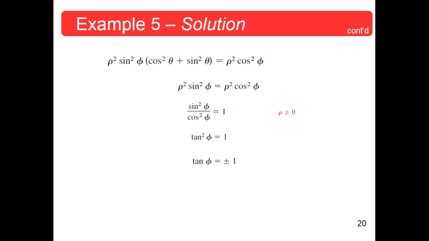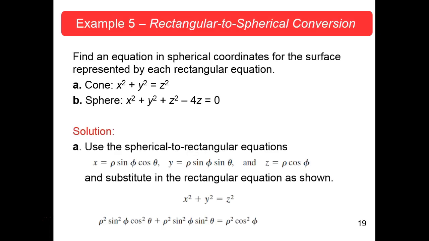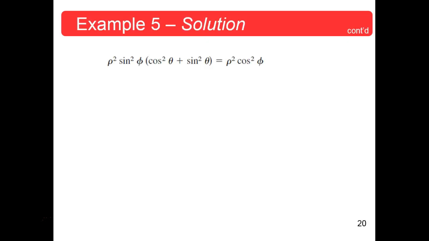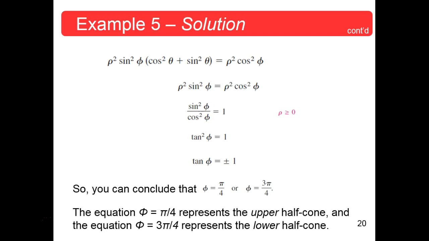That was your cone. The equation phi equals 1/4 pi is the upper half cone, and 3/4 pi is the lower half cone.